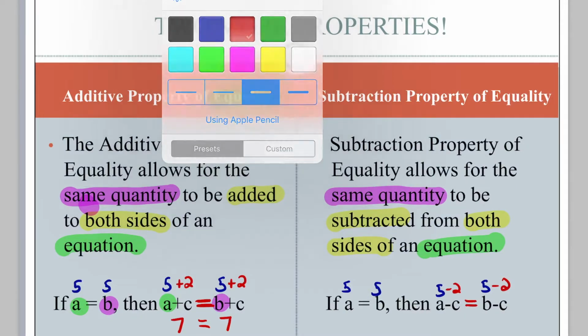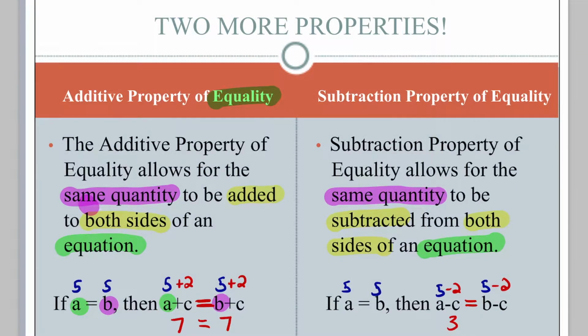The value did change, but the equality of the two sides did not. 3 is still equal to 3. So both sides remain equal to each other. It's very important when working with an equation that both sides remain equal to each other at all times.